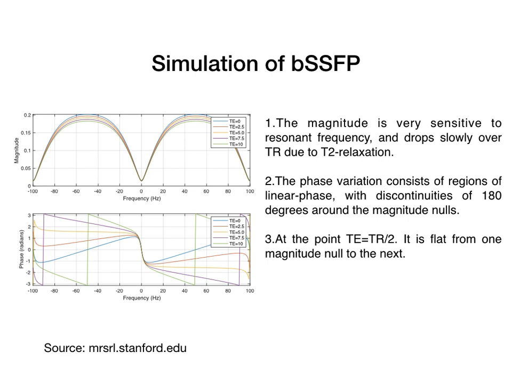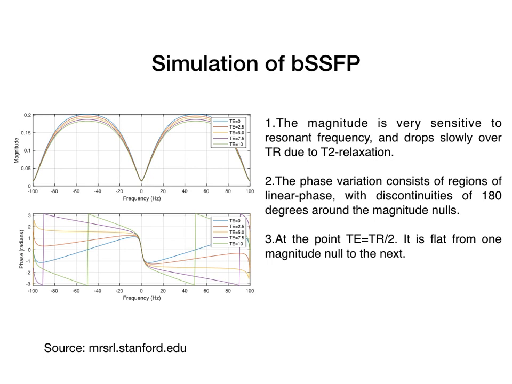I use MATLAB code from the Bloch equation simulation website to do the bSSFP simulation. The figure indicates that the magnitude is very sensitive to resonant frequency, and it drops slowly over TR due to T2 relaxation.